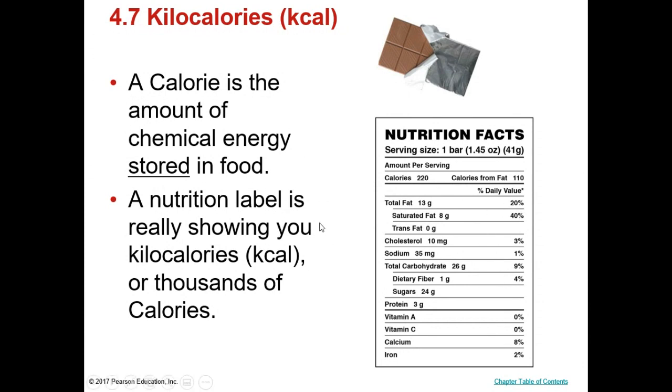deal with stored energy. When we consume food, we don't necessarily consume just enough so that we can survive. We consume a lot more, especially in developed societies, such as the one that we live in, the U.S. We are a culture of consumption, so we eat too much.